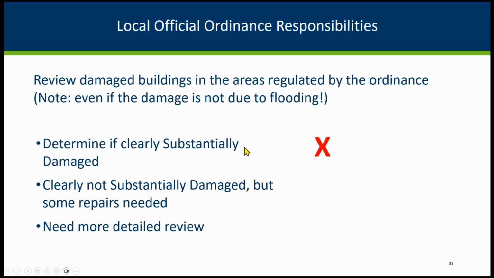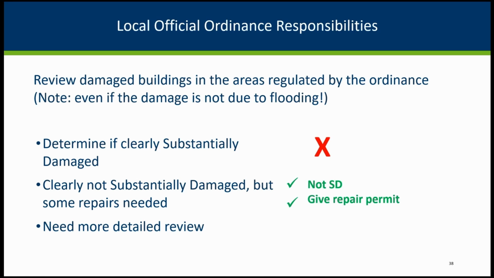Then you're going to note that. Those that are clearly not substantially damaged but had some damage, you're going to point out we know they're not substantially damaged, and we're going to give them a repair permit. A reminder that your ordinance says you need to give out repair permits after disasters, and that's one of the things FEMA required us to make sure we have in our model ordinance.